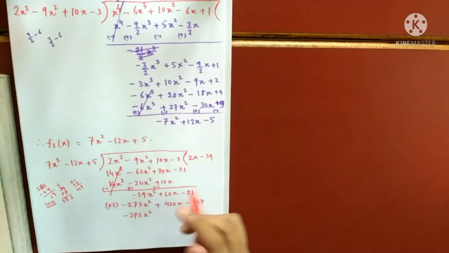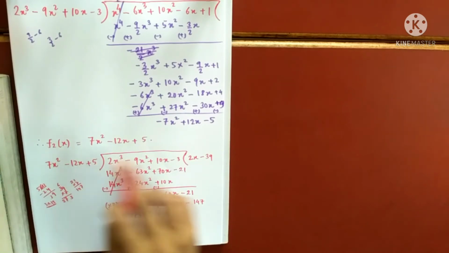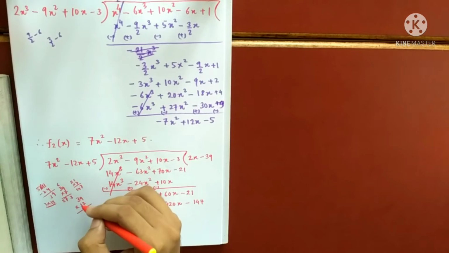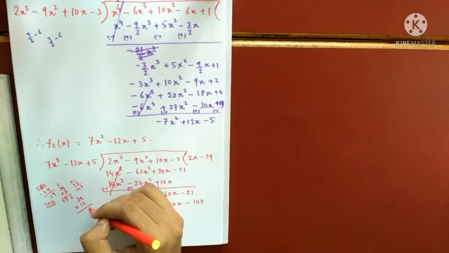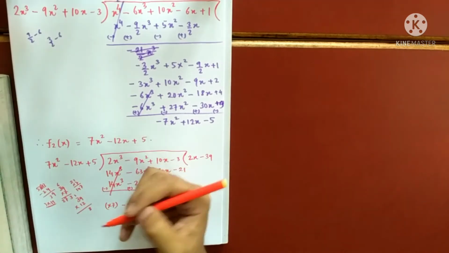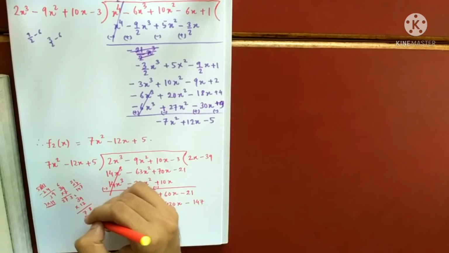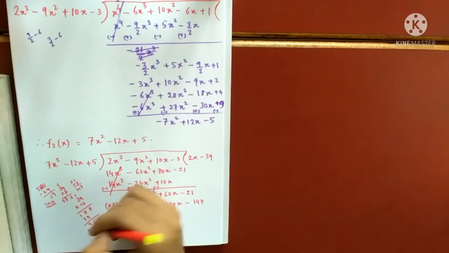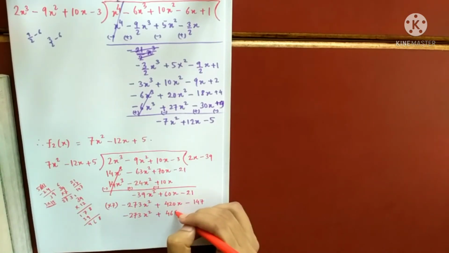So minus minus is plus 12 into 39. So 39 into 12: 2 9s are 18, carry 1, 2 3s are 6, 7, and this is becoming 39. So 468.